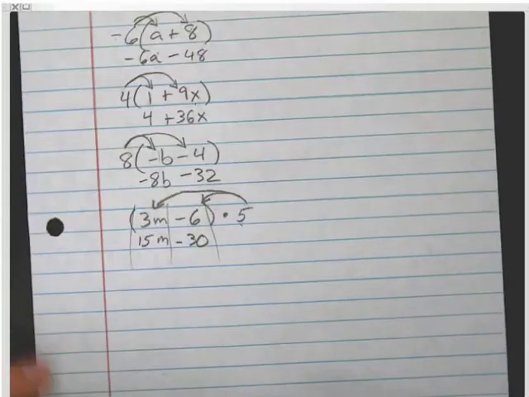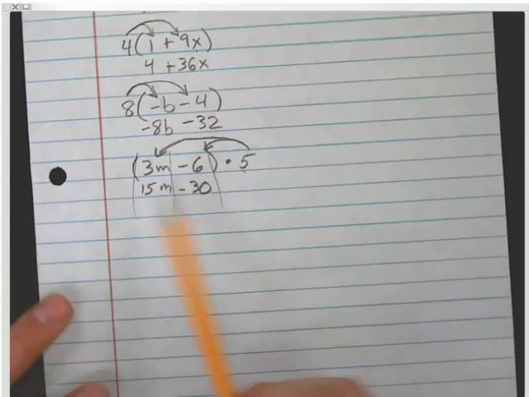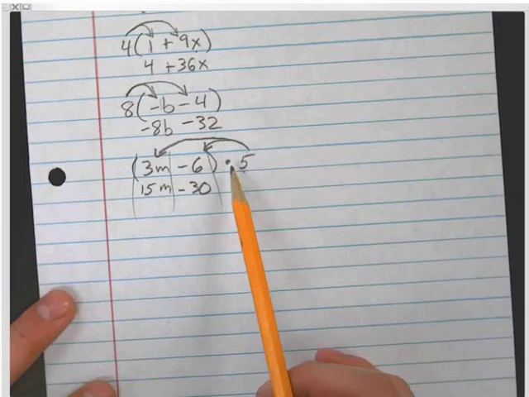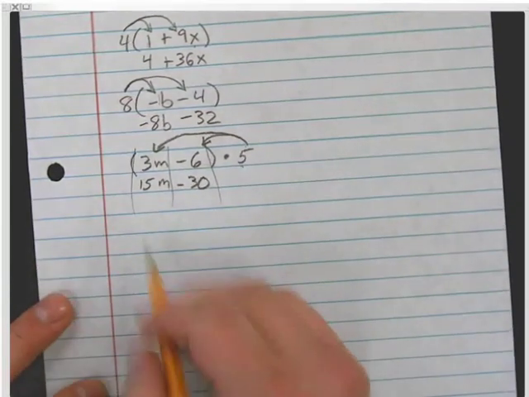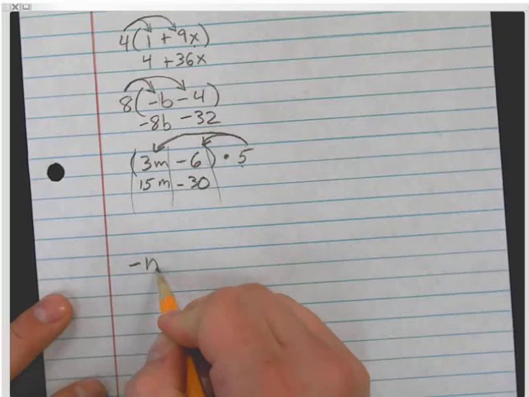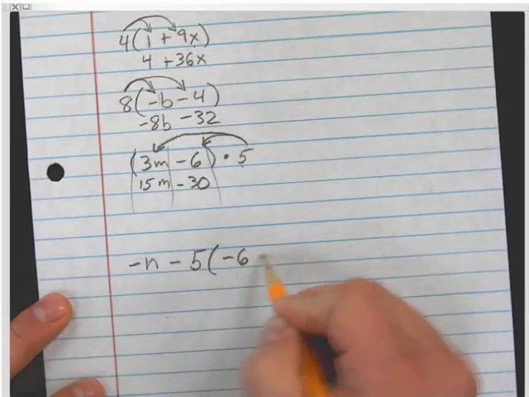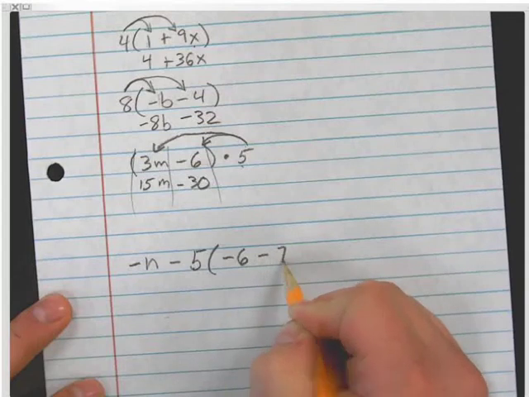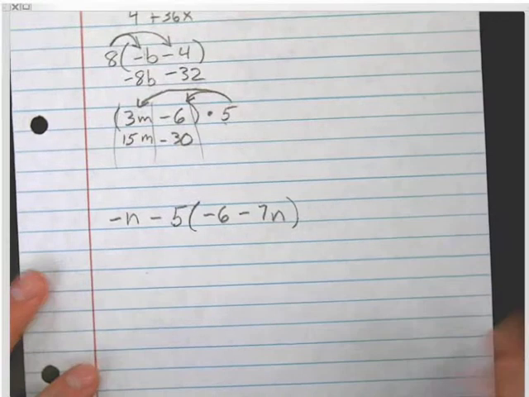Alright, now I'm going to show you one of bigger scope, like zoom out a little bit. We'll have one of these inside an algebraic expression where you're used to combining like terms. So this one, we have negative n minus 5 times the quantity negative 6 minus 7n. Alright, so this looks really complicated. It's really not.